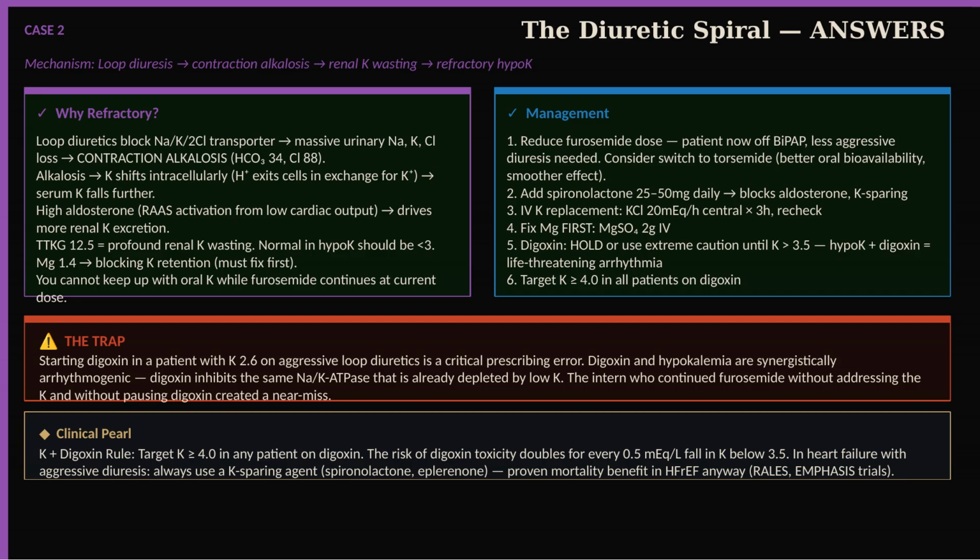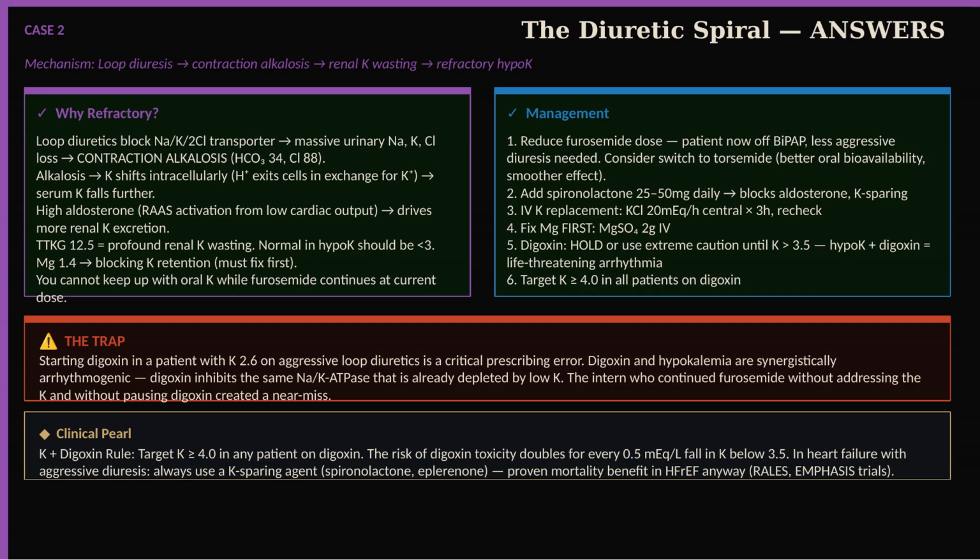Now the trap, and it's a genuine prescribing error: starting digoxin in a patient with a potassium of 2.6 on aggressive loop diuretics. Digoxin and hypokalemia are synergistically arrhythmogenic. Digoxin inhibits the very same sodium-potassium ATPase that low potassium has already crippled.